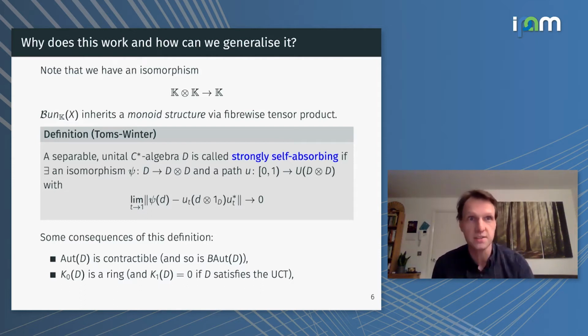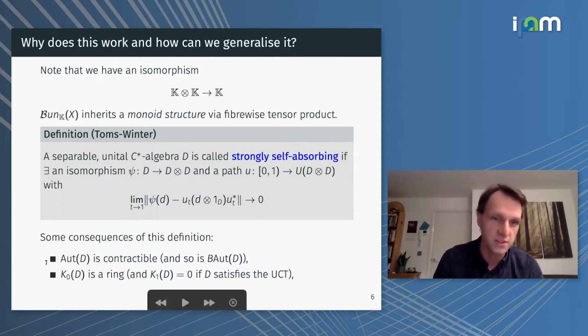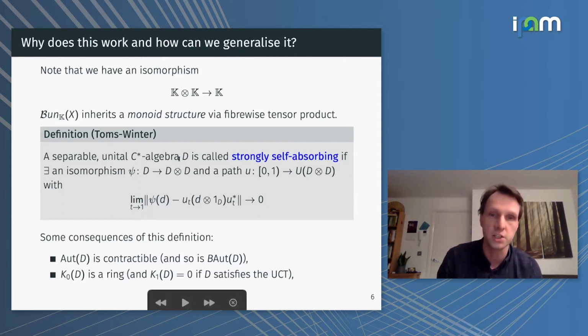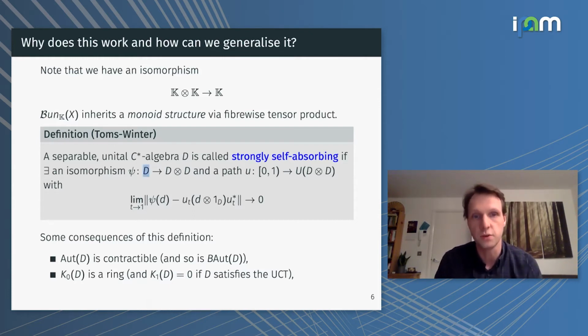That might sound bad at first, but there's also something good that can be gained from this. And that's the following statement. If I look at the K0 group of my strongly self-absorbing C-star algebra, this turns out to be a ring. And the way this works is pretty simple. You just take two projections in matrix algebras over D, tensor them together, get something in a matrix algebra over D tensor D, and you use this isomorphism to pull it back to D. And this, of course, relies on the choice of this isomorphism, but then it doesn't.